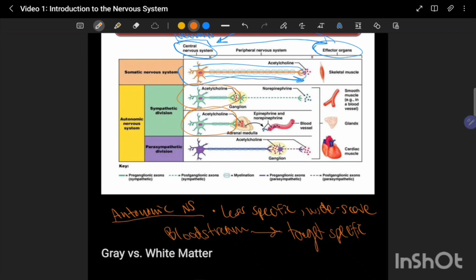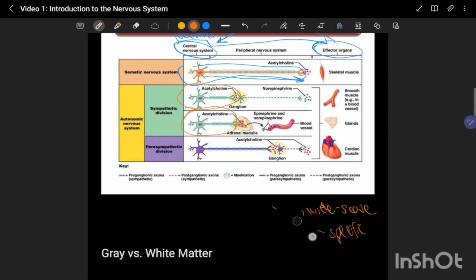So I want to talk a little bit more about examples and some of the terminology we will see with these systems. So let's start again with that somatic system.